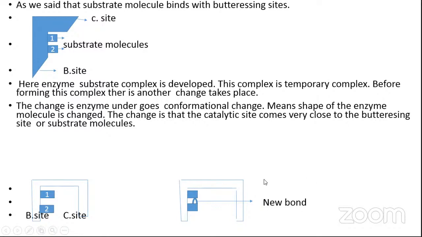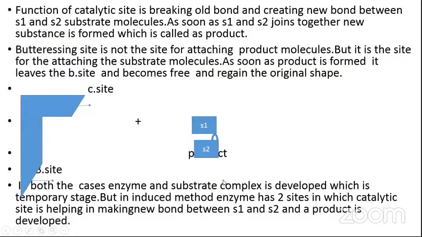Before the formation of this complex, we are observing a conformational change, that means a change of position in the catalytic site, and that is most essential in the induced fit theory.